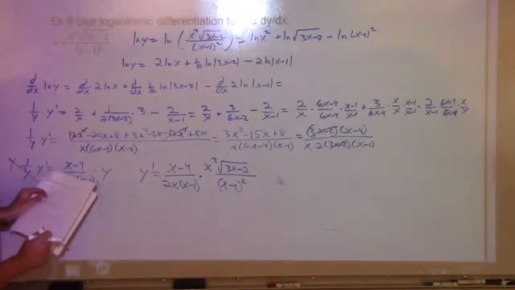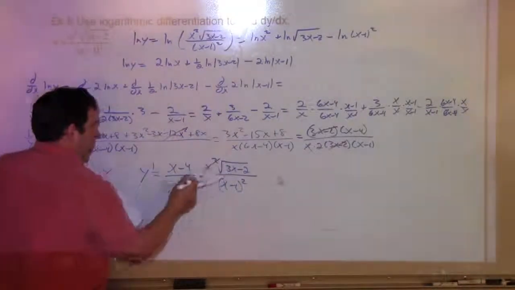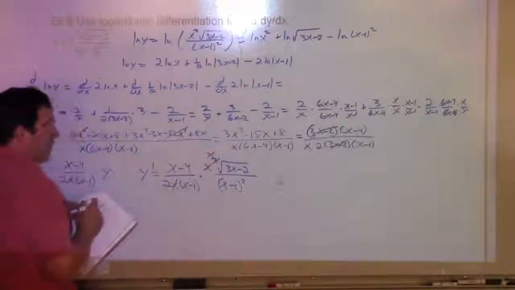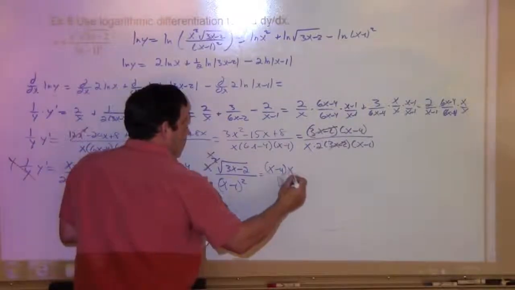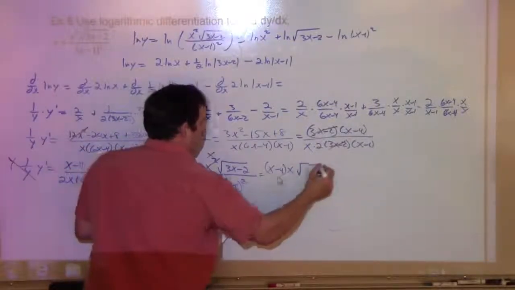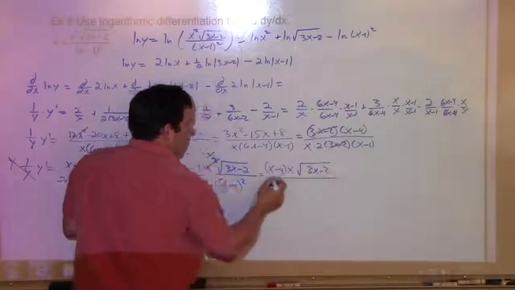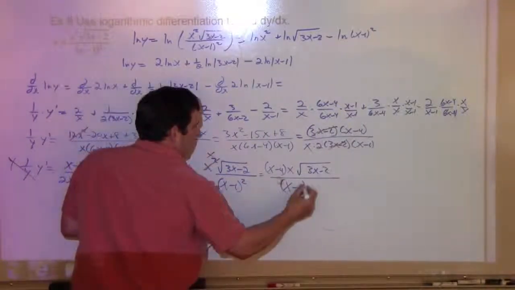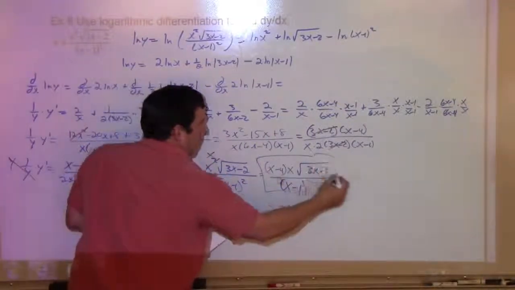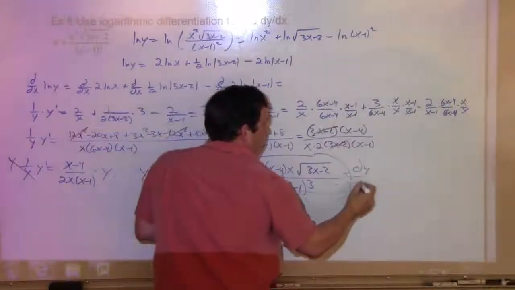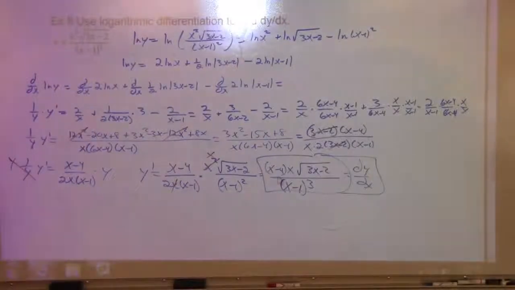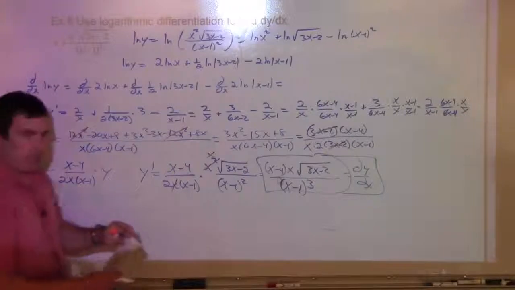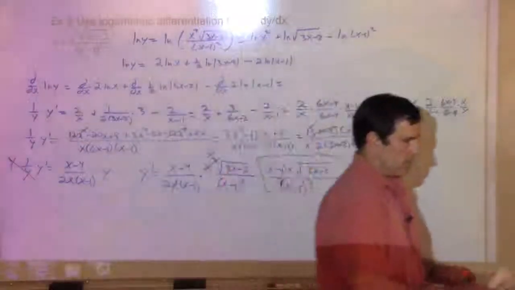So from here, the x squared and the x can go away, leaves an x up top. We have x minus 4 times x times the square root of 3x minus 2 over x minus 1 cubed. That is our dy/dx. That's logarithmic differentiation. That's fun, huh?